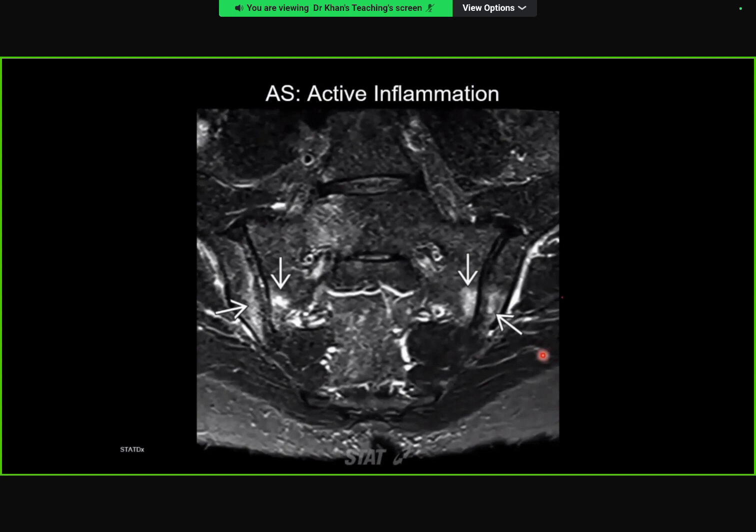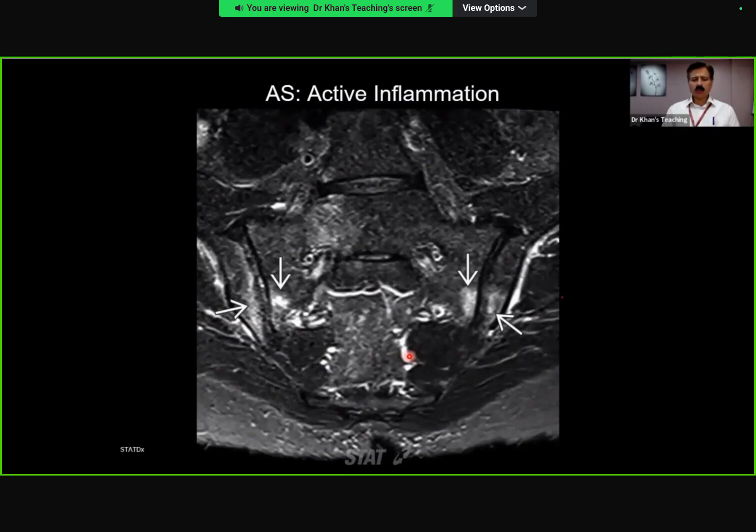There are areas of increased signal intensity which appear to represent marrow edema on both sides of the SI joints, the inferior aspect of the SI joints bilaterally, and therefore I suspect that these represent active sacroiliitis. Okay, well done.